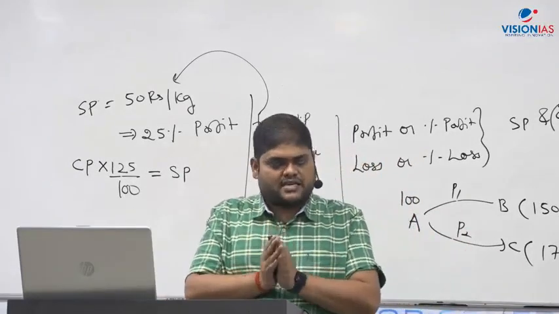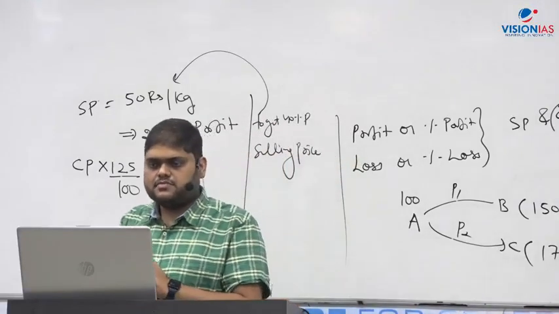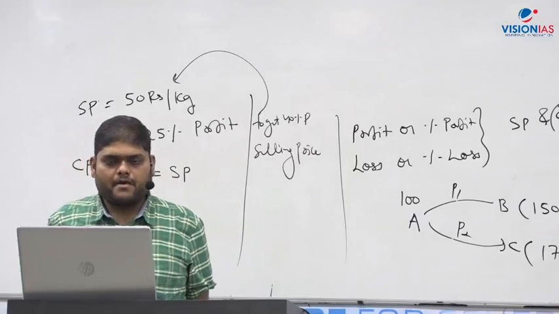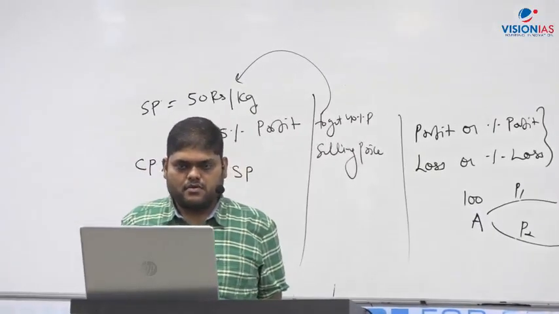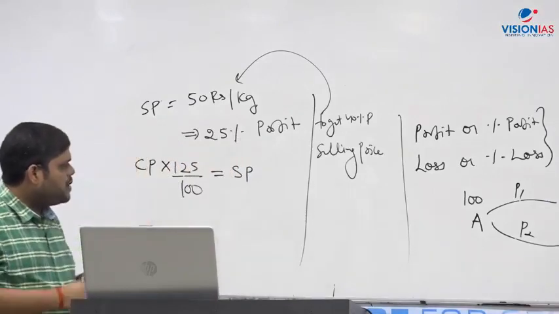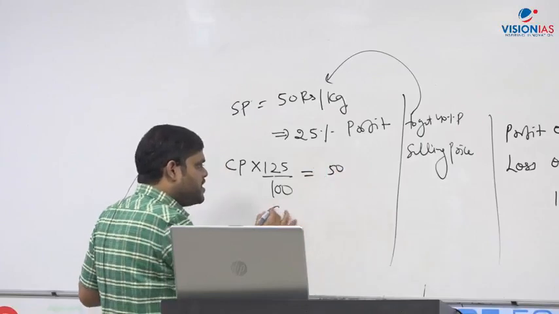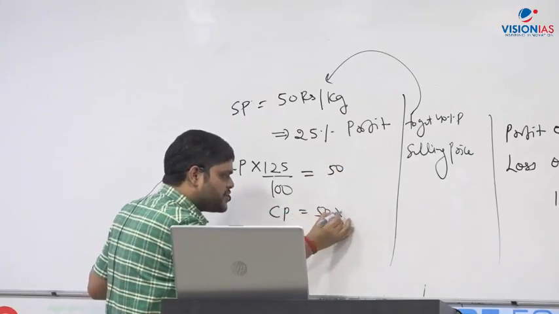Very simple thing, sir. Okay. Now, we know the SP, 50. So CP becomes 50 into 100.